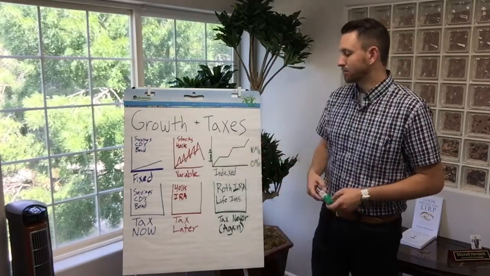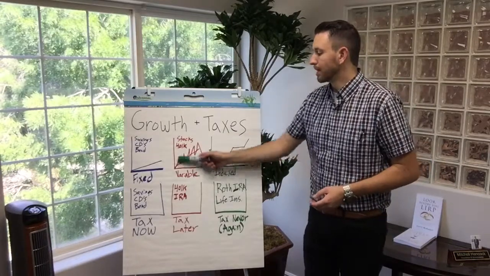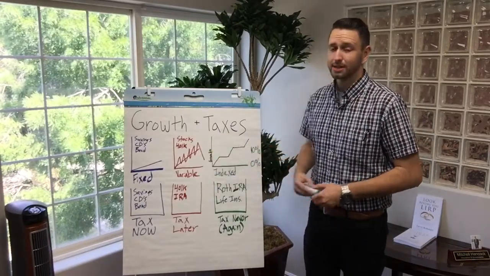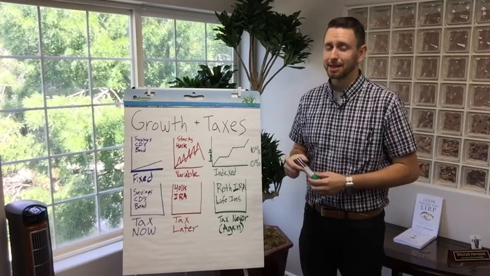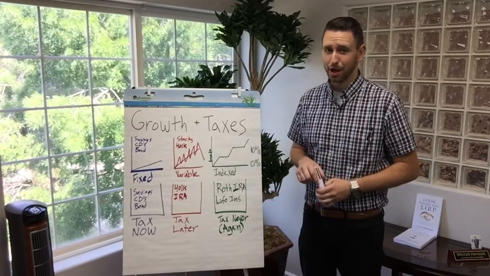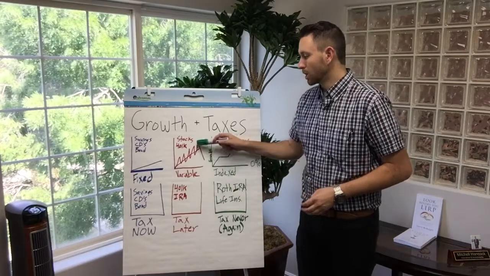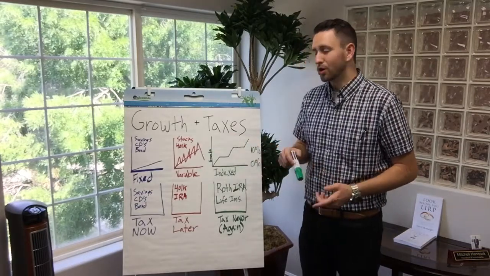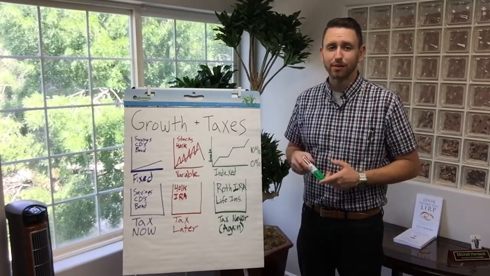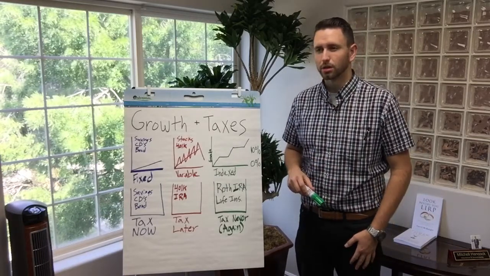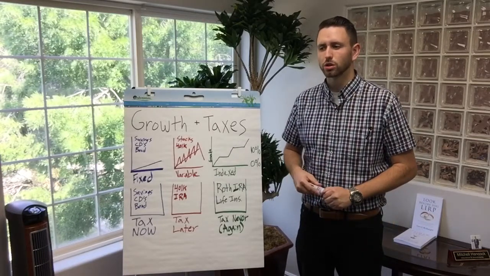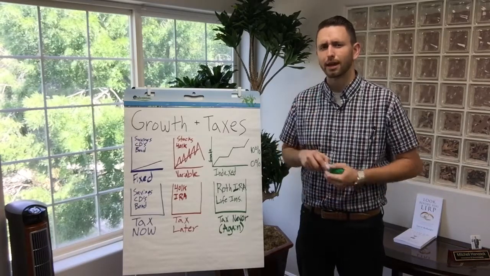And by that same token, Wall Street, when you play in the variable market, you can make some fantastic money. But typically when you're making fantastic money, that means somebody else is losing on the opposite end of the spectrum. Trying to beat the market, one book that I would encourage you to read is The Little Book of Common Sense Investing.